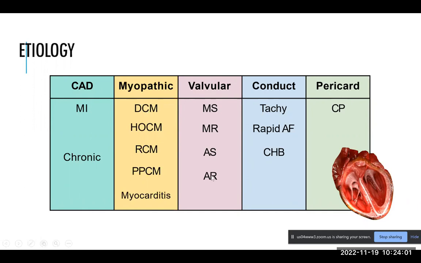And all valves, with varying degrees of severity, might lead to heart failure. And the treatment for this is, of course, valve intervention if it is done at a good timing. Conduction abnormalities or arrhythmia-induced cardiomyopathy, tachycardia and rapid AF, complete heart block, and pericardial causes, like constrictive pericarditis.